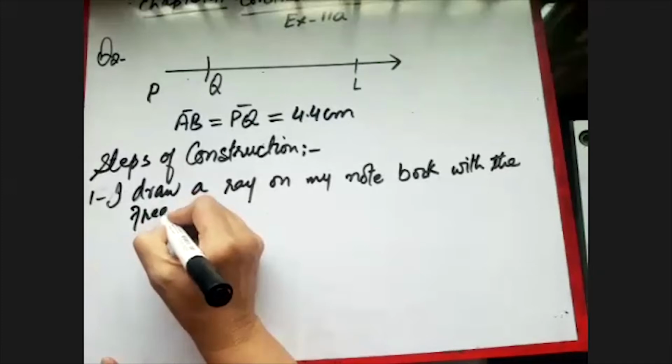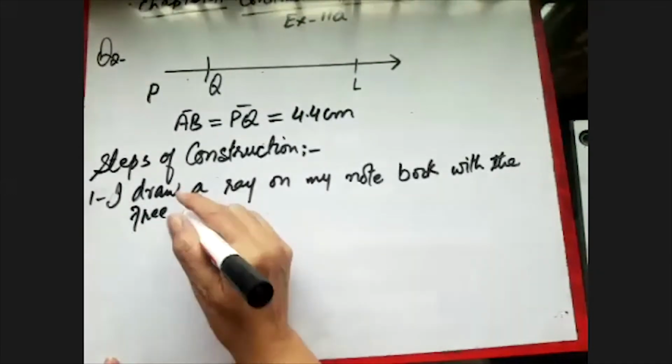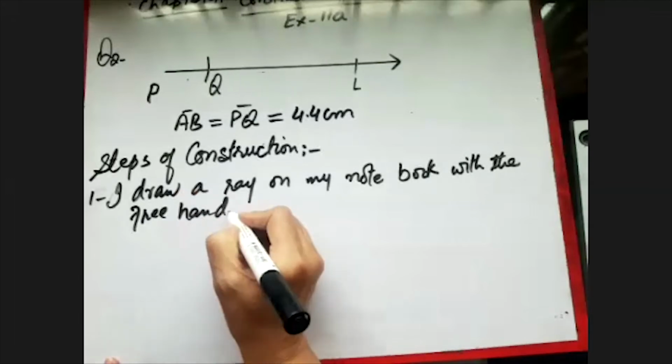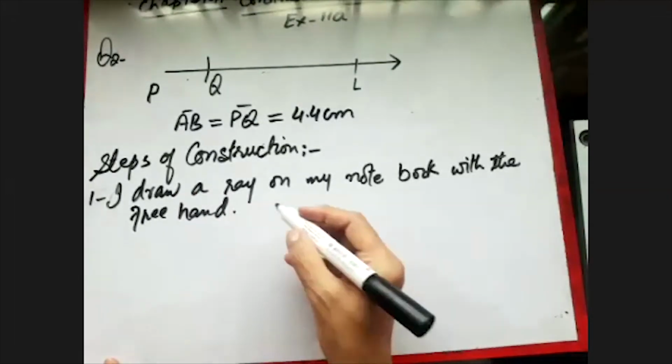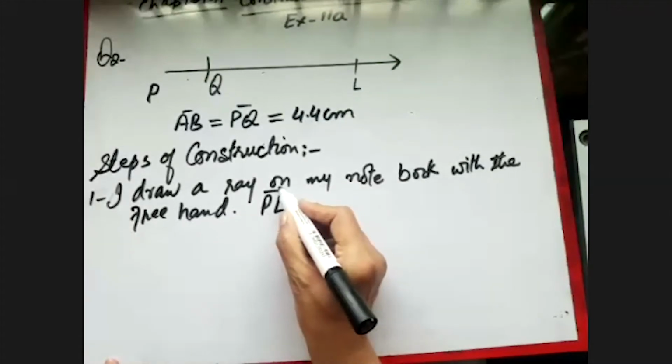It means you don't know the length of the ray, and there's no need to mention the length of the ray. Free hand. The name is PL, which is the ray.